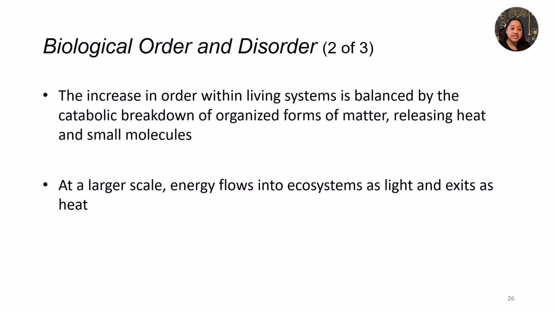And the increase in order inside living organisms is balanced out by the catabolic breakdown of organized forms of matter, releasing heat and small molecules. So remember, catabolic means breaking down a bigger molecule and releasing energy.